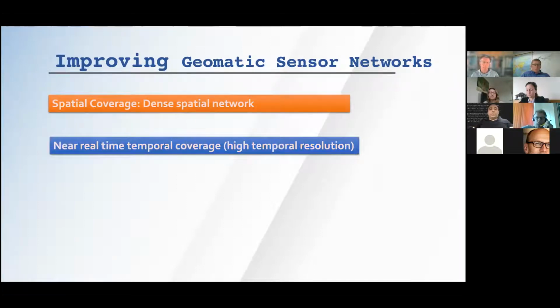So the spatial coverage is one important aspect. And then for many applications, the temporal coverage, if it can be real-time coverage with high temporal resolution, is another aspect that is now possible with the advances in smart sensor technology.